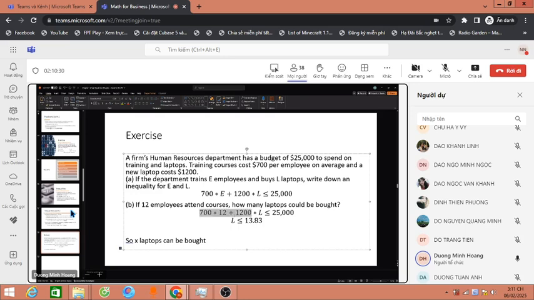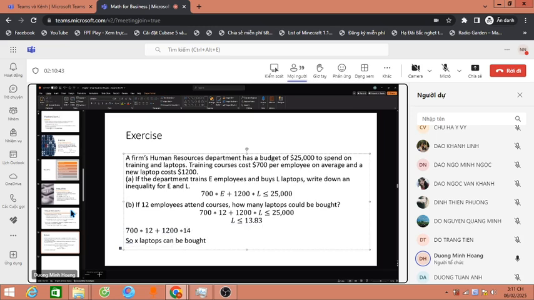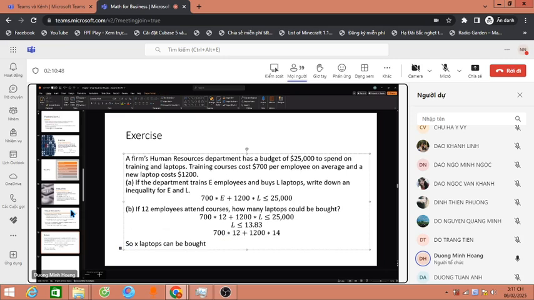Let's see. If you want to buy 14 laptops, we get our inequality: 700 multiplied by 12 plus $1,200 multiplied by 14, and that equals 25,200.